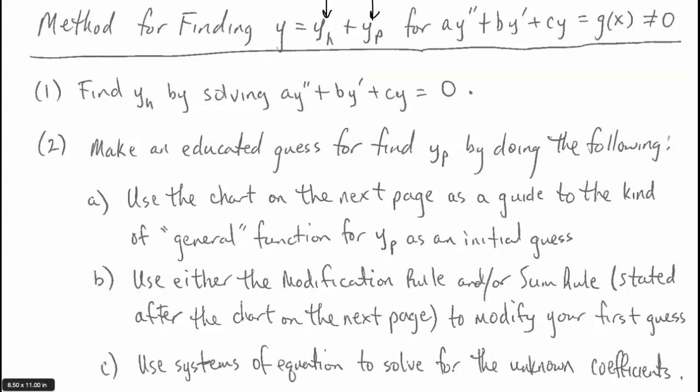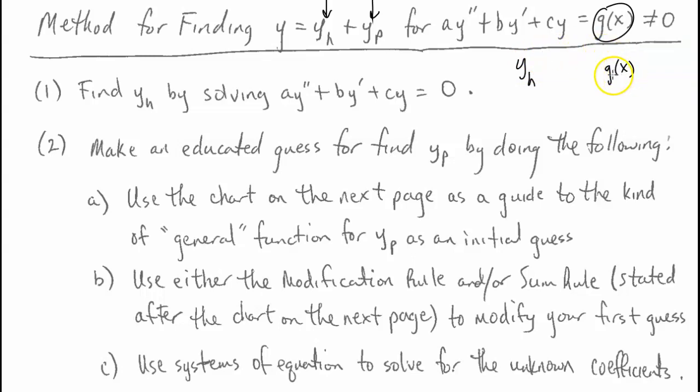Now, to keep this short and sweet, what we are trying to do here is make a comparison between what our homogeneous solution is going to be and what this function g of x is. The main thing here is that we do not want any terms in our homogeneous solution to match any terms in our g of x function.